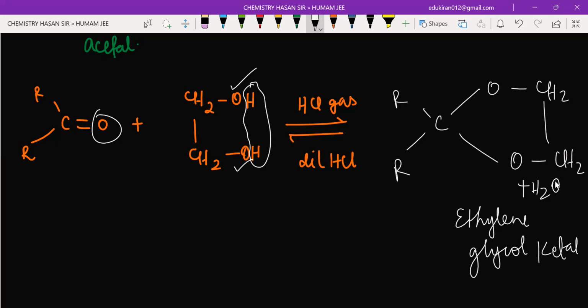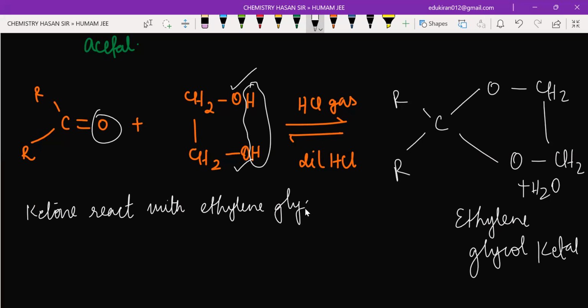So, we can write a point about this. Ketone reacts with ethylene glycol under similar condition.